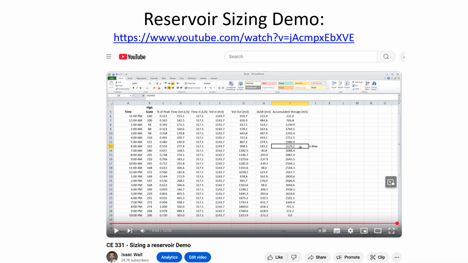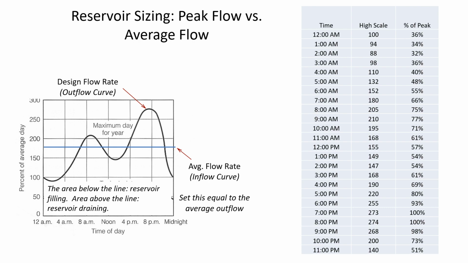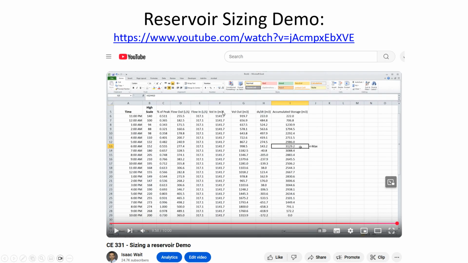And an important part of that demo, I think I emphasized the point during the demo, but I'll mention it again. This data has midnight at the top of the list, but you need to reorder the data so that the first hour that's included in your calculations is when the reservoir starts to fill in a 24-hour cycle.